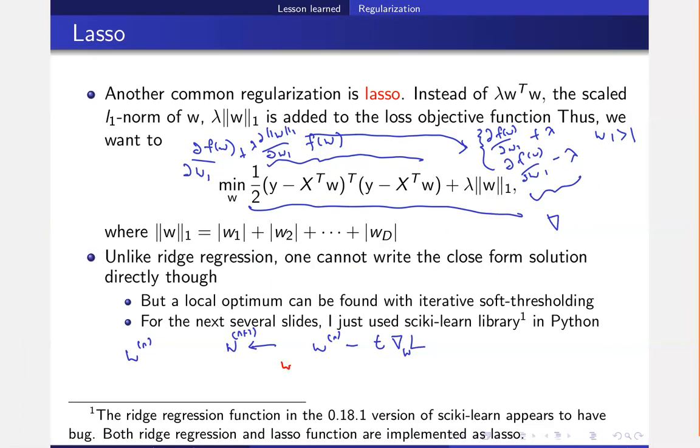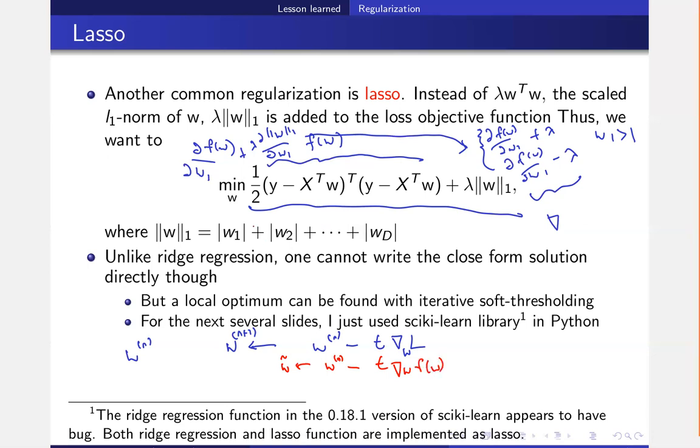I can have W n plus 1, or maybe I call it W tilde, a temporary W, which will be Wn minus T delta W. So instead of L, I will just say delta W of W here.